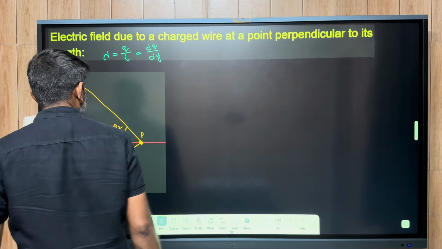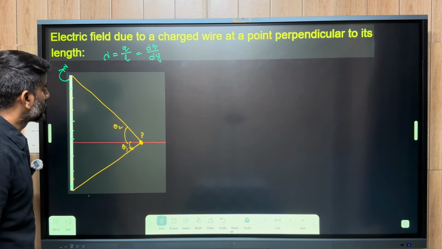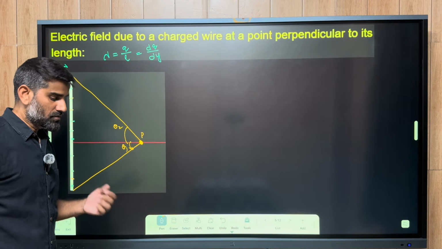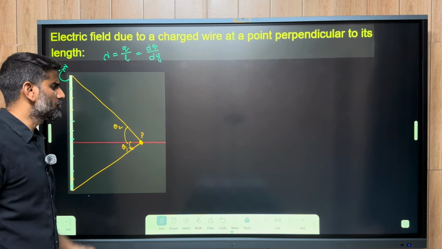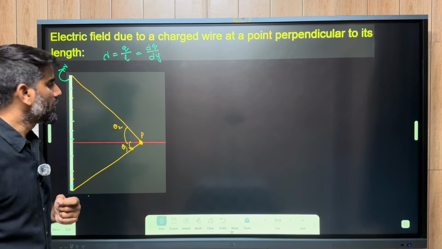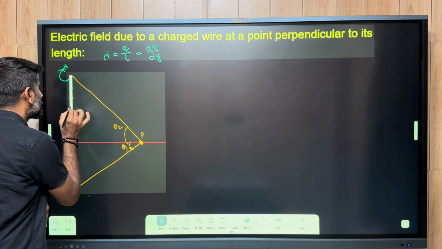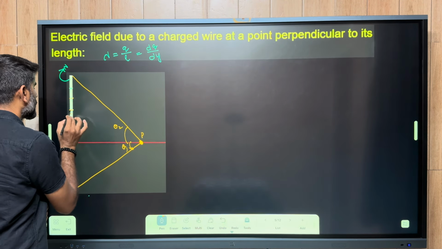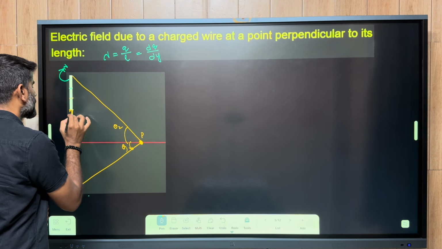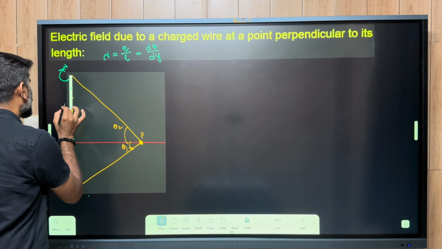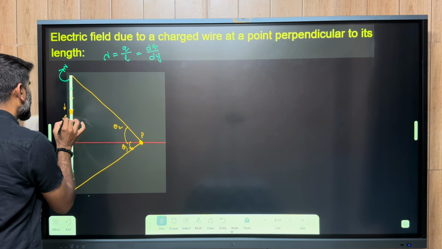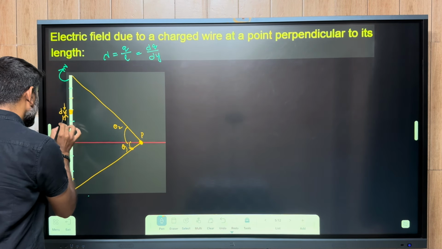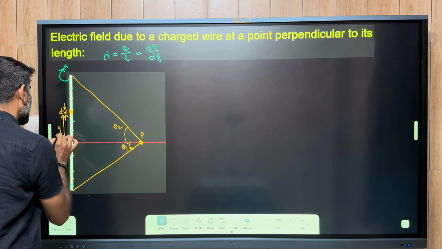Now, like I did in the earlier case, I'm going to consider a small element. That element is somewhere here. This is our element, whose length is dy, at a distance y.